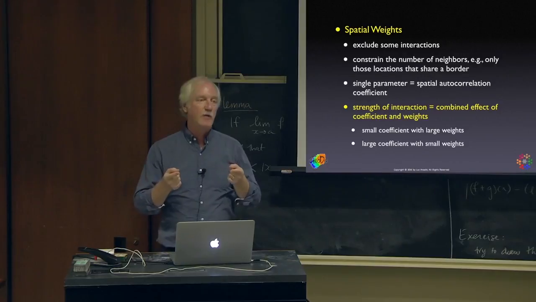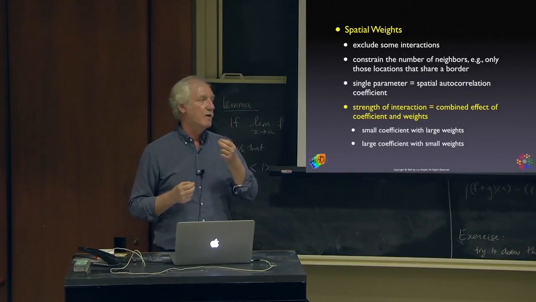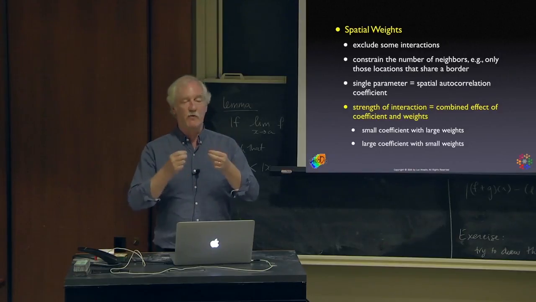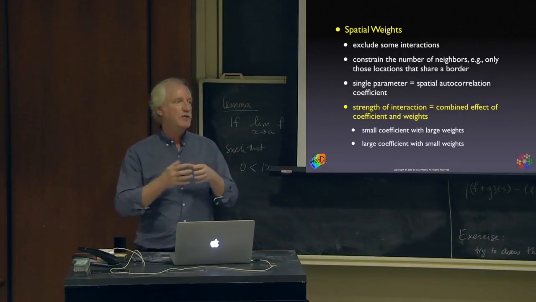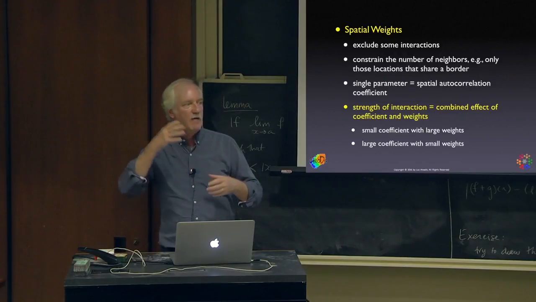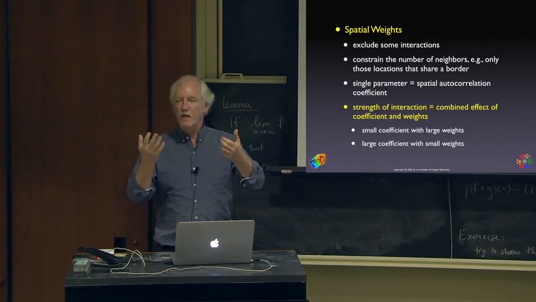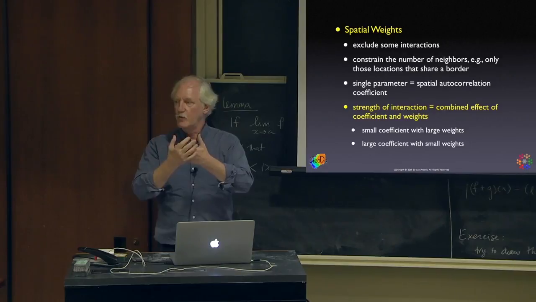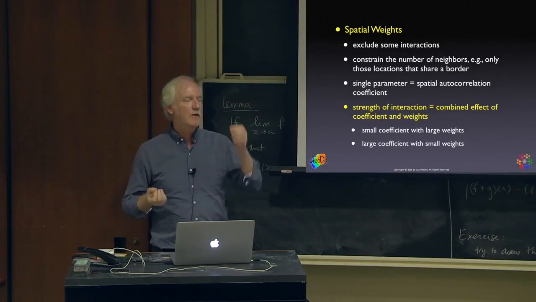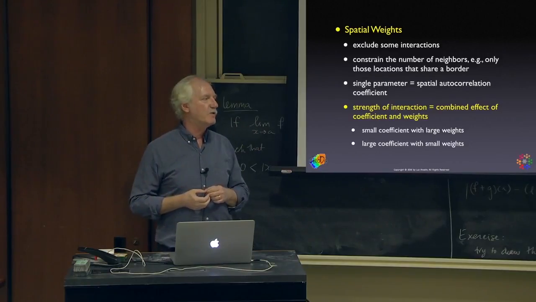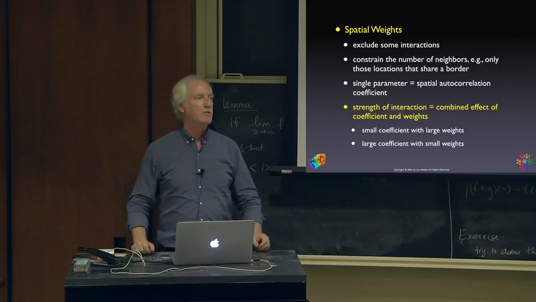So you can identify the product, but you cannot identify A and B separately because you only see them in multiplicative form. This is a little bit of the same thing. We're trying to measure spatial interaction, and so we have our weights matrix, and we have our coefficient, but really interaction is the product of the two. So if we put large numbers in our weights matrix, we'll have small numbers for our coefficient, and vice versa.